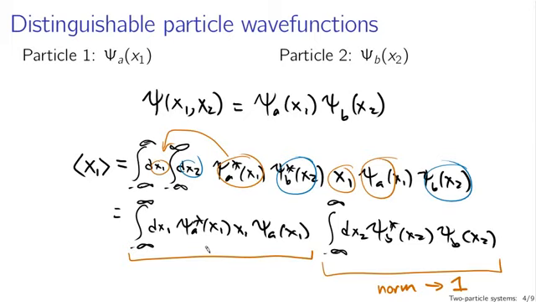And this expression on the left, the integral with respect to x1, is the single particle expectation value of the position x1 for a particle in the state A. So essentially, if I have distinguishable particles, my result looks pretty much as expected.